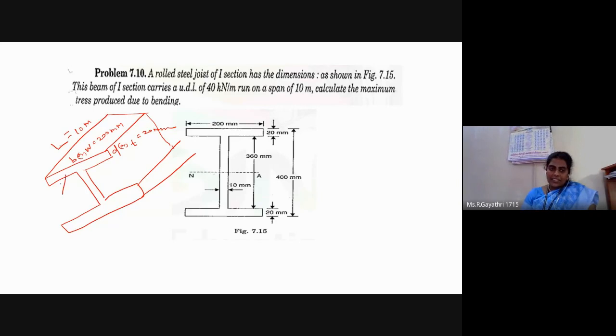This is flange. This is web. One web, two flanges. An I section has one web and two flanges. What about its symmetry? Can you tell me? See the diagram. Is it a symmetric section, an unsymmetrical section, or an anti-symmetric section?